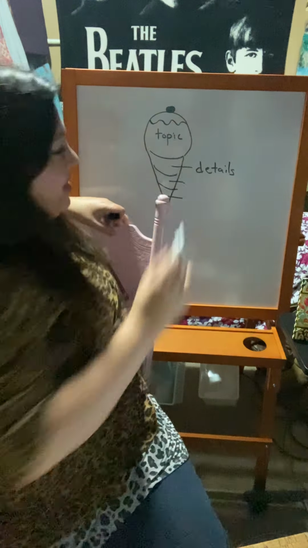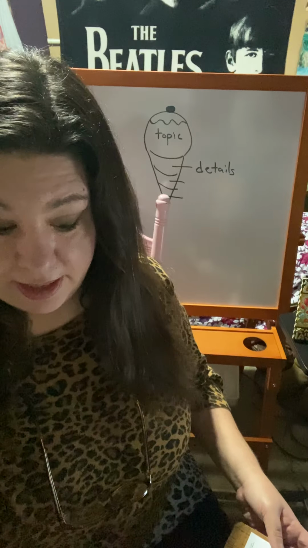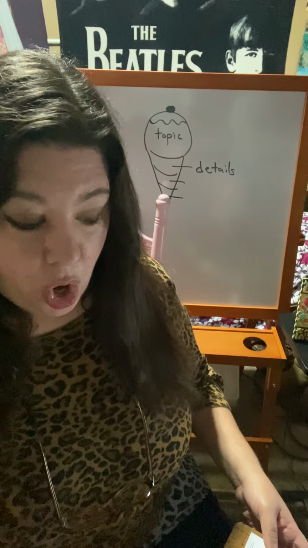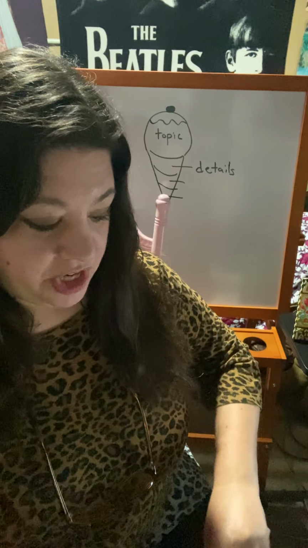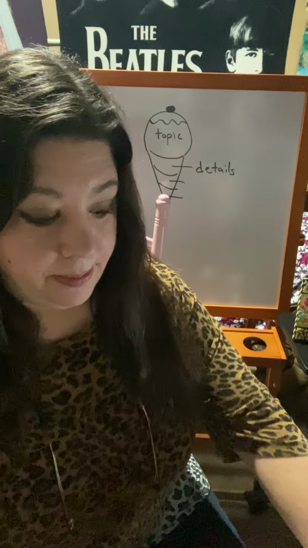So for your sheets, you could have done it by yourself, and you could have read your book and then thought of a topic that was addressed in the book and then had supporting details to go with it. For The Tale of Despereaux, relating this to our novel study, I picked a couple of topics and I wrote details about them.